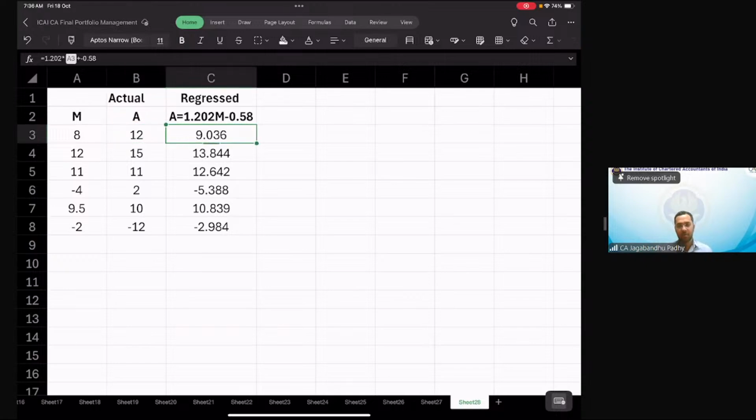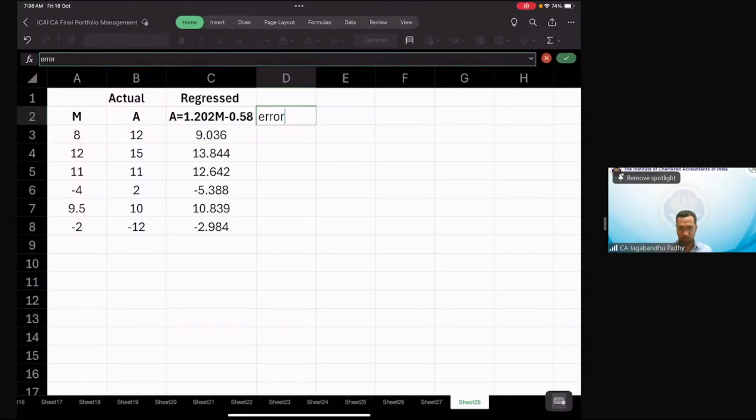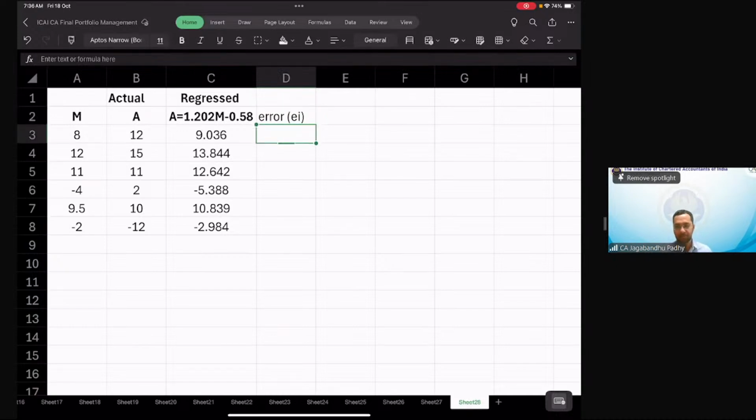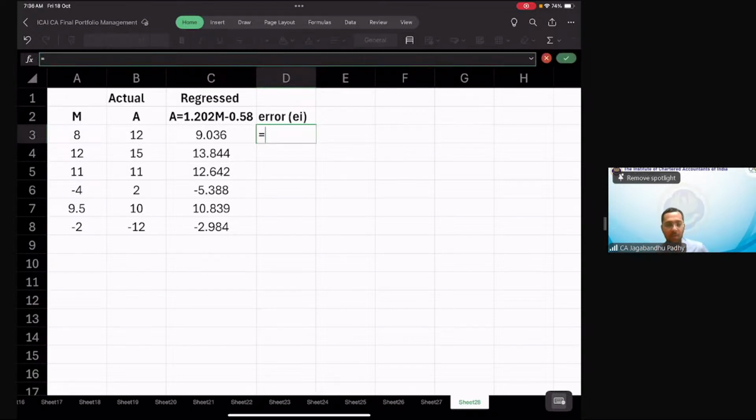So if I look at the error term over here, which is also going to be called, let's say, e i, do we see any sort of error in our estimation? Yes, sir.